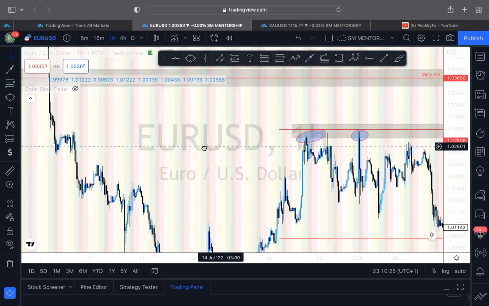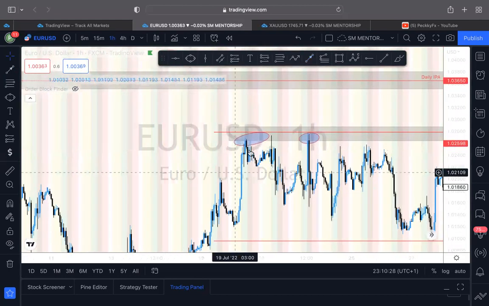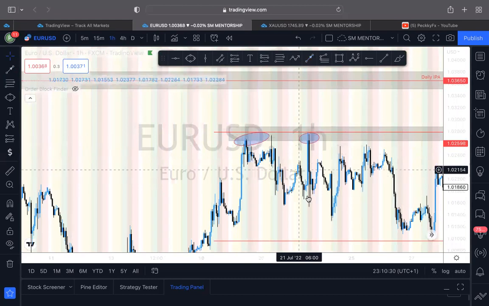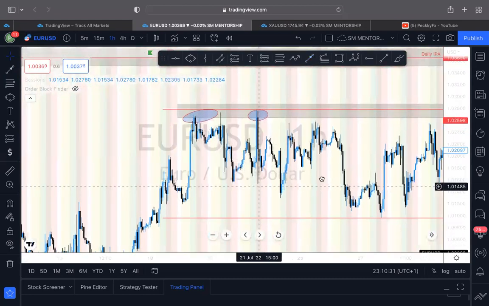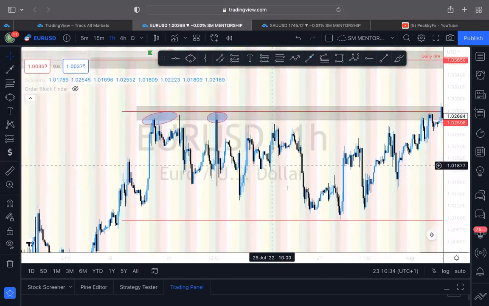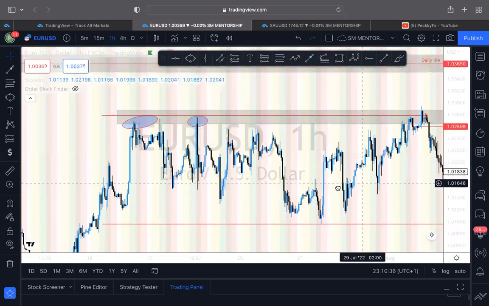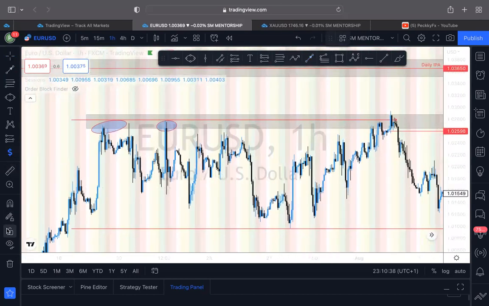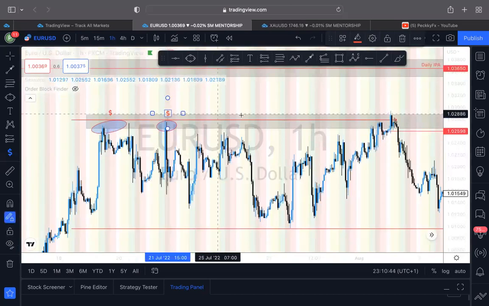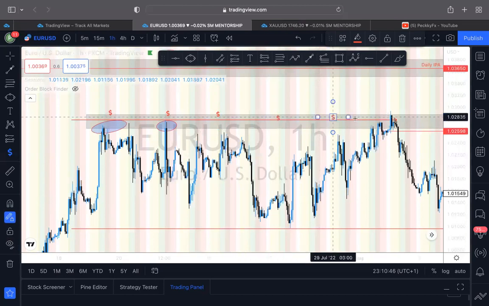This is where I want the retest to happen, and the market was just going up, down, moving sideways, gradually piling up orders here, piling up liquidity right here.